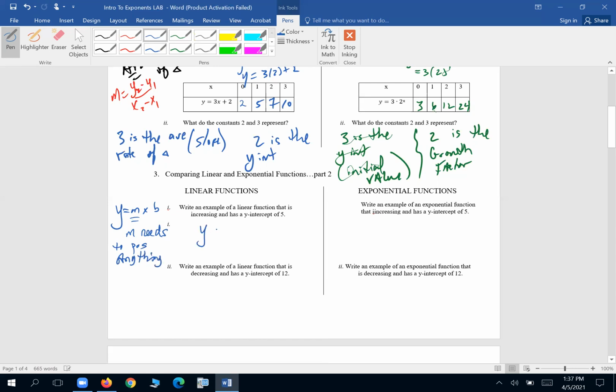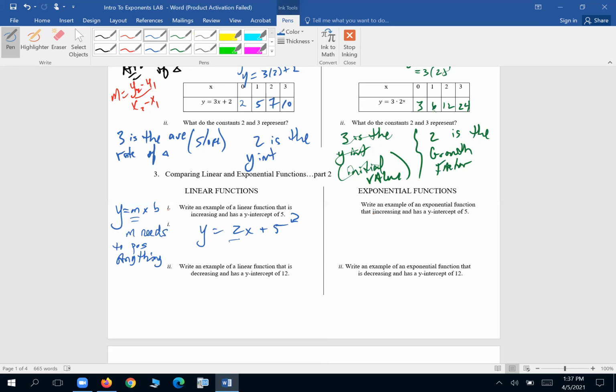In other words, I could say y equals 2x plus 5 because that's the y-intercept. Or you could say 3x plus 5 or 2/3 x plus 5. It does not matter. That 2 here can be anything as long as it's positive. And that is a linear function that's increasing and has a y-intercept of 5.